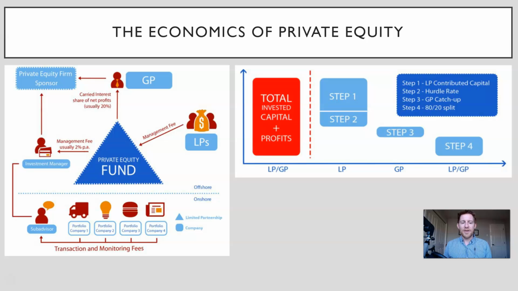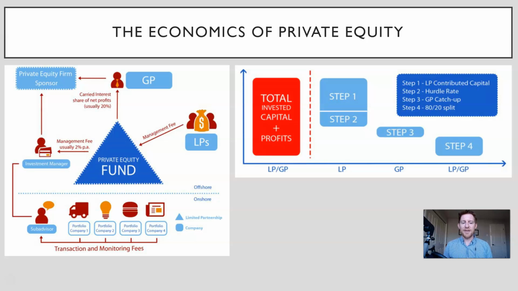Okay. Then you move to step three, and this is usually called the general partner catch up. So if the profits hit that, say, 15%, then the general partner starts to earn their chunk. And that's an incentive for the GP to do a good job with the investments, because they only get paid once you hit above that hurdle rate.